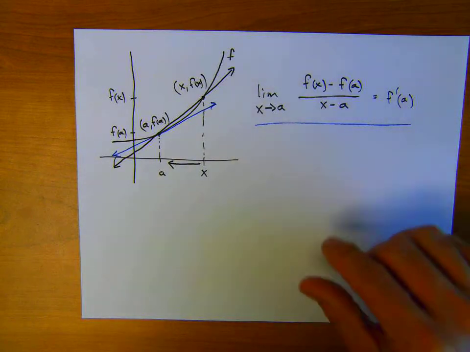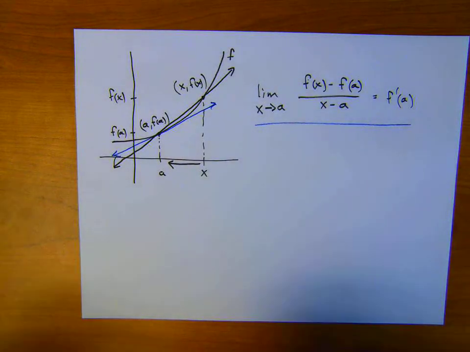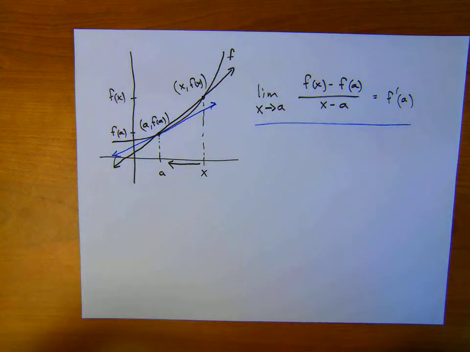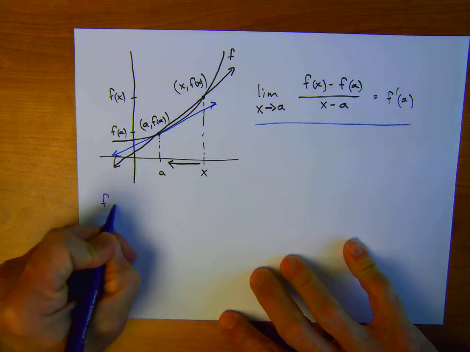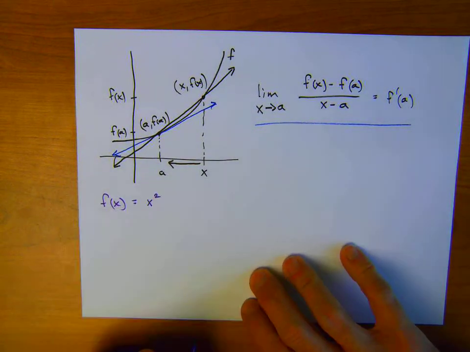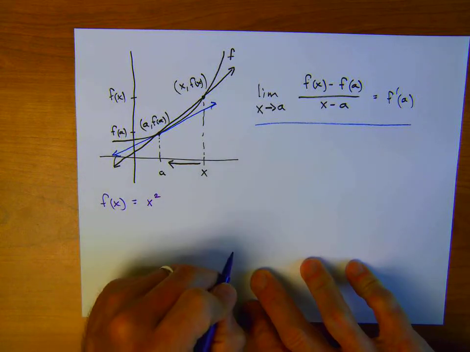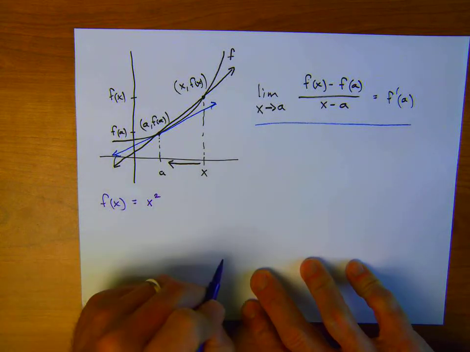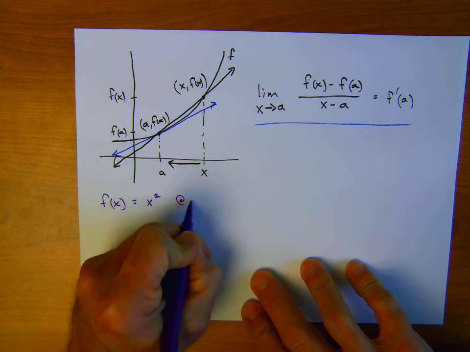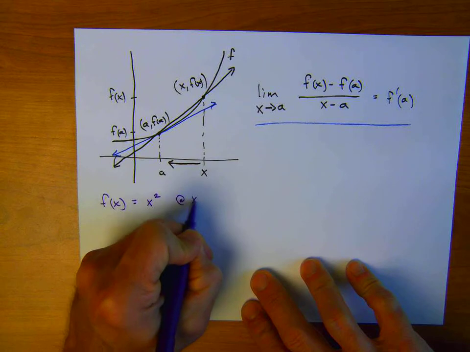Now I just want to go through a couple of quick examples to see how we would apply this to specific functions, because we have a lot of letters going on here. We've got f's and a's and x's and h. So let's see how we might apply this to a specific example. Let's say f is x squared, and we want to find the slope of the tangent line, or the instantaneous rate of change of this function, right at the point where x equals 2.